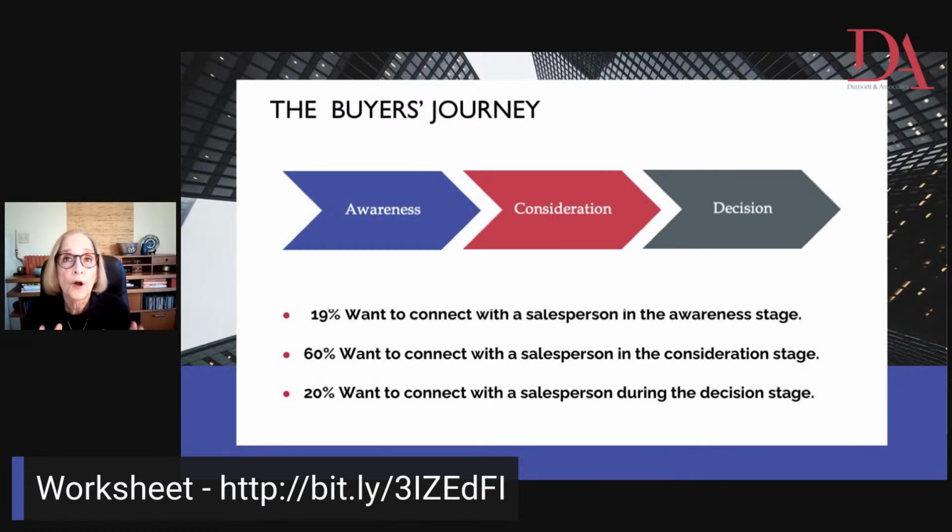So they may know that there's a drop in revenue, but they may not know what's causing it. In the consideration stage, they know what's causing it. And now they're shopping around. They're looking for people, they're looking at programs, they're evaluating their options, and they are really active here.